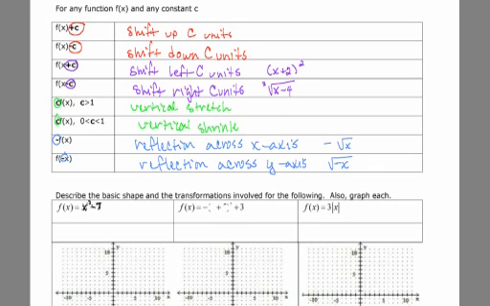Well, we know the basic shape of the cube from the previous page is that sort of S shape, and the negative 7 is separate from the cubing function. So that means it's going to shift down 7 units. So it's the basic shape, that S shape, but we're going to shift it down 7 units.